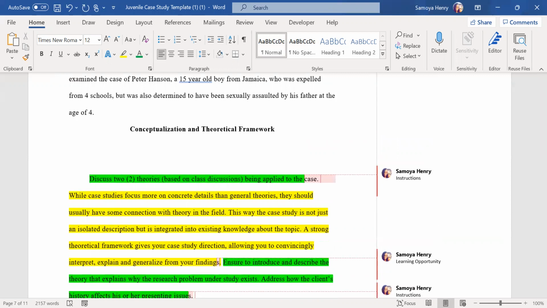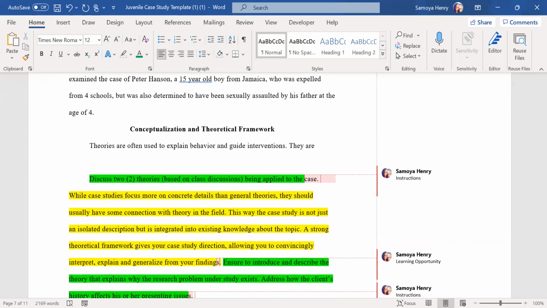So I like to start off with what? The definition. So theories are often used to explain behavior and guide interventions.